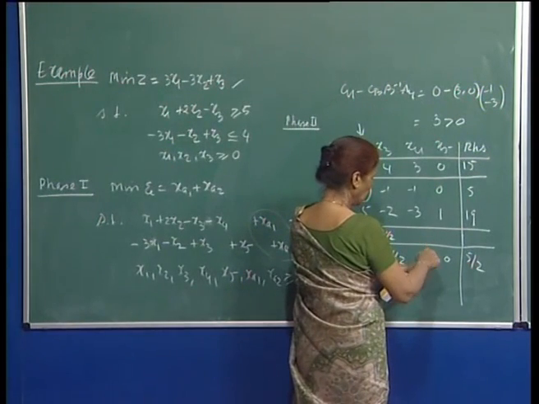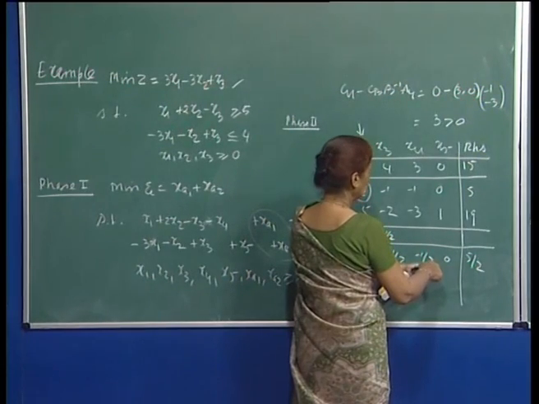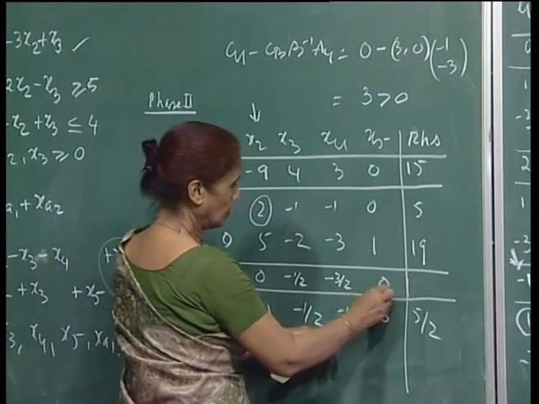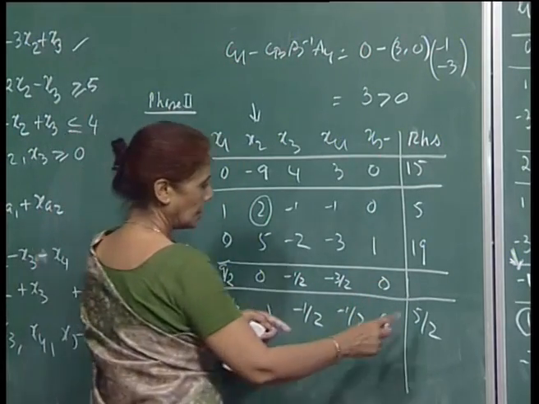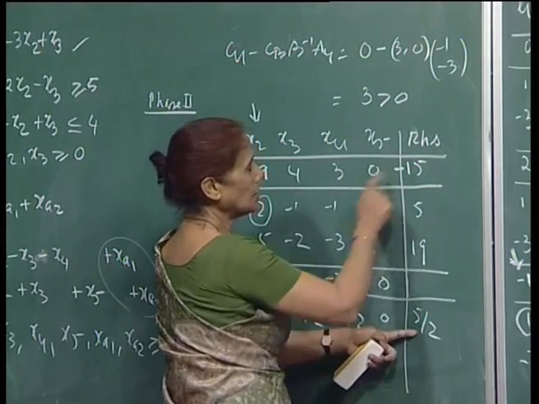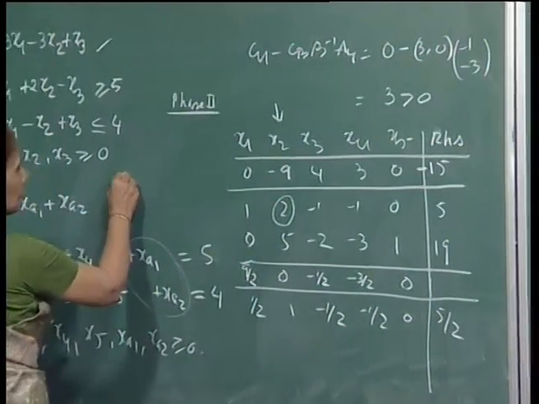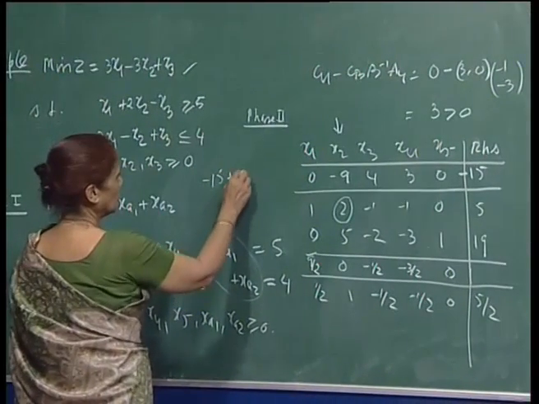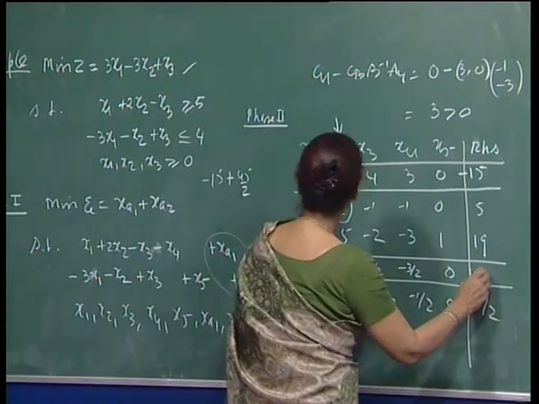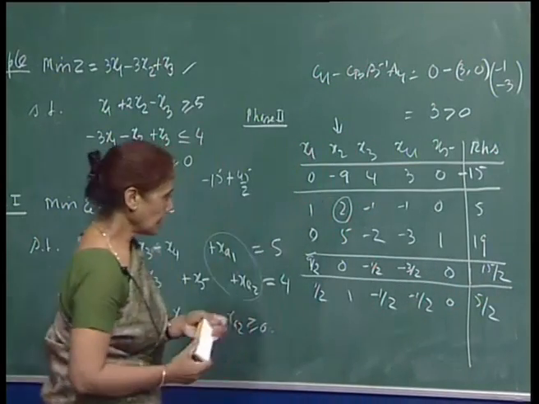Then 9 times 3 minus 9 by 2 would be minus 3 by 2, right, and this is 0. Then 9 times this you are adding. Somebody should have corrected me, this is minus 15, right. So you need to compute minus 15 plus 45 by 2, which is 15 by 2. Okay, fine.